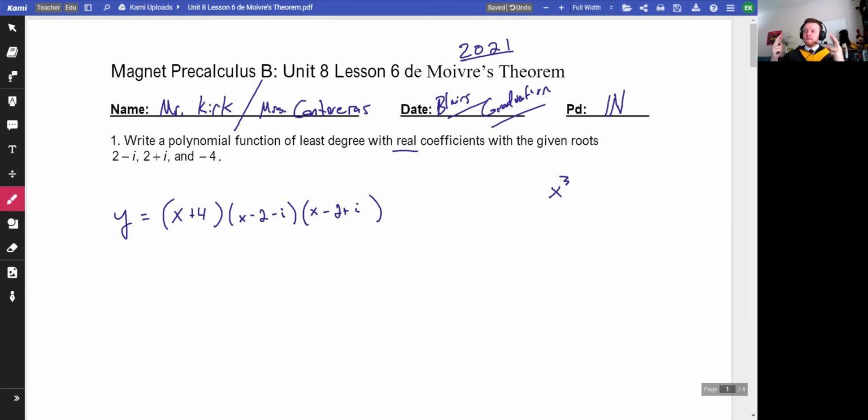Hopefully. Because it feels conjugate-y. These are conjugates, 2 minus i, 2 plus i. And we've done something similar to this a while ago, with irrational roots. They came in pairs. Maybe with real coefficients, complex number roots come in pairs, and these i's are going to go away.